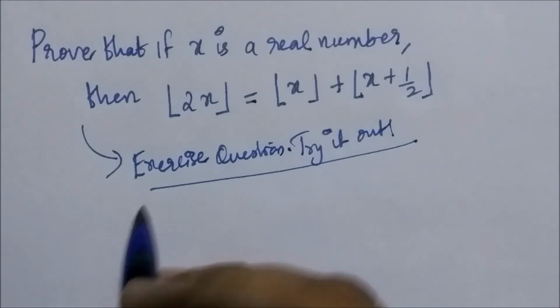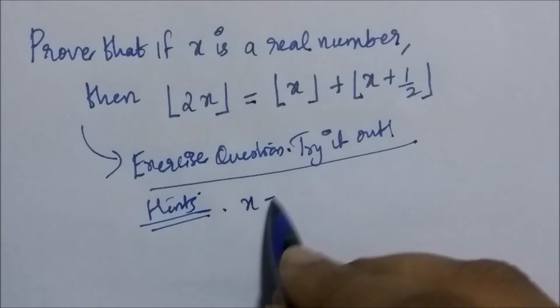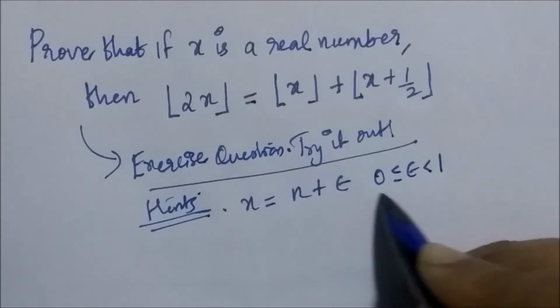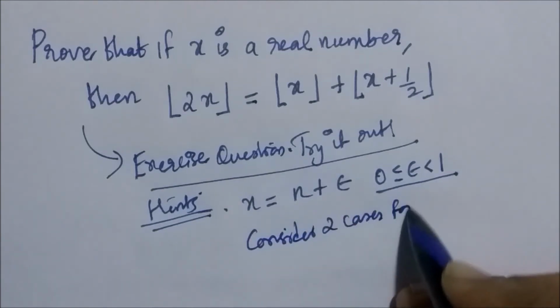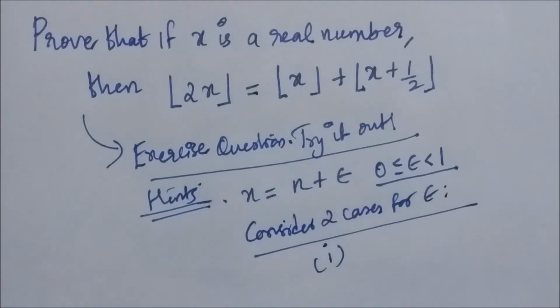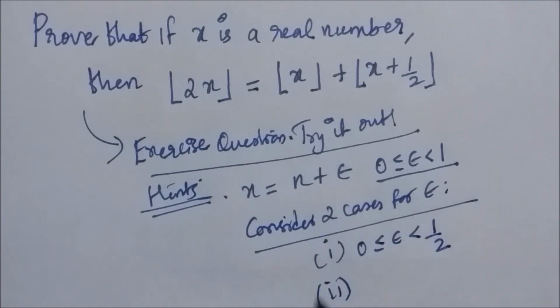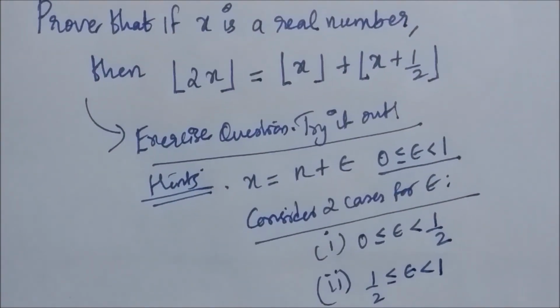Let's take x as n plus epsilon, where n is an integer and epsilon is between 0 and 1. Epsilon can take the value 0, but epsilon can't take the value 1. That's how we take x. We have to consider two cases for epsilon: when epsilon is between 0 and 1/2, and when epsilon is between 1/2 and 1. With these hints, try to do this question as an exercise.